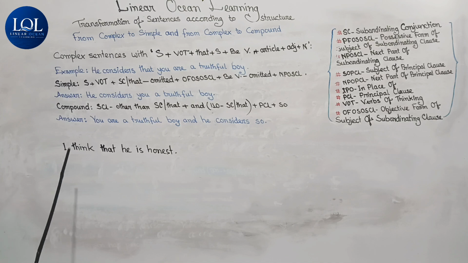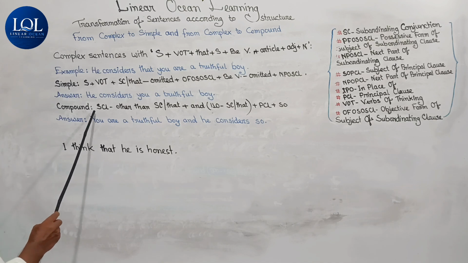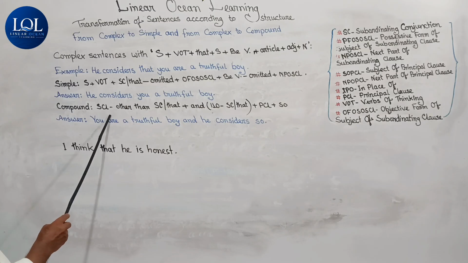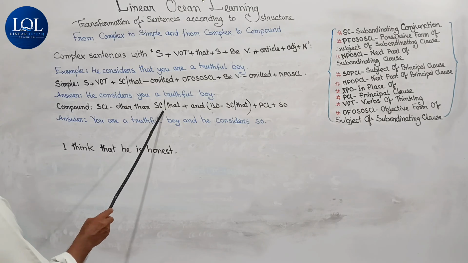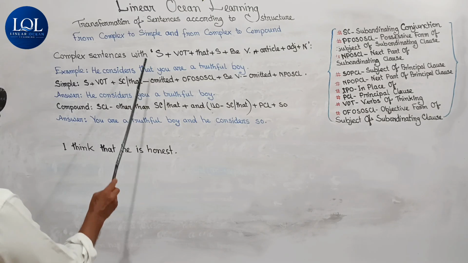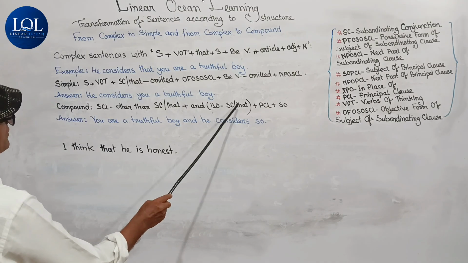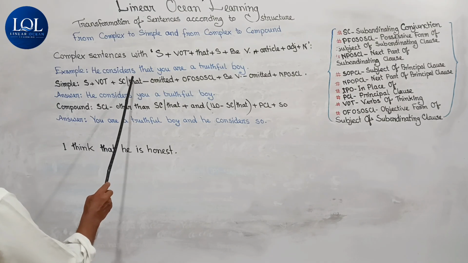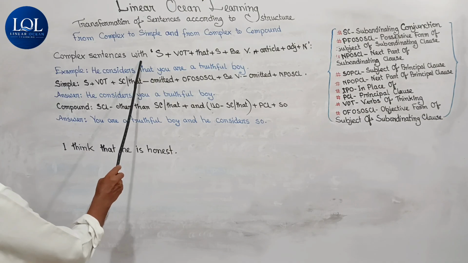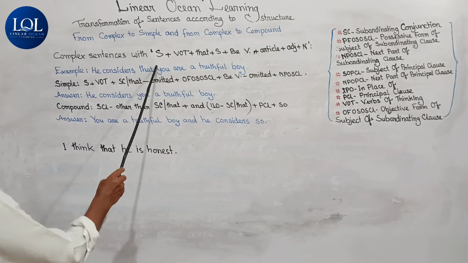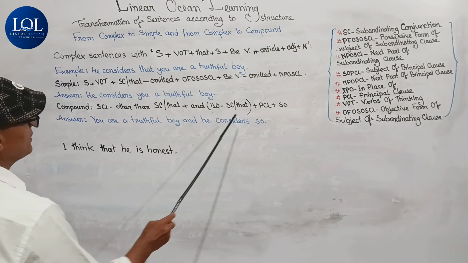If we want to put it into a compound sentence, the structure we have to follow is subordinating clause SCL, other than the subordinating conjunction that, plus and ILO subordinating conjunction, that is, in lieu of or instead of that we have to write and, plus PCL.